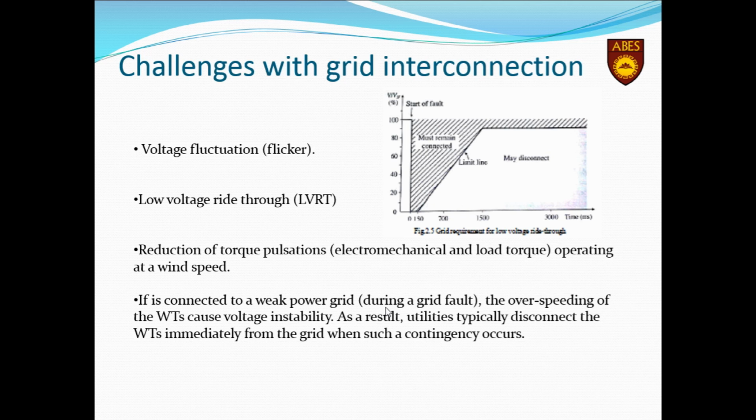When the wind speed goes down and collapses to a very low value, less than the cut-in value, there is low voltage ride through, which is the grid code given by the utility to distributed generation systems to follow.